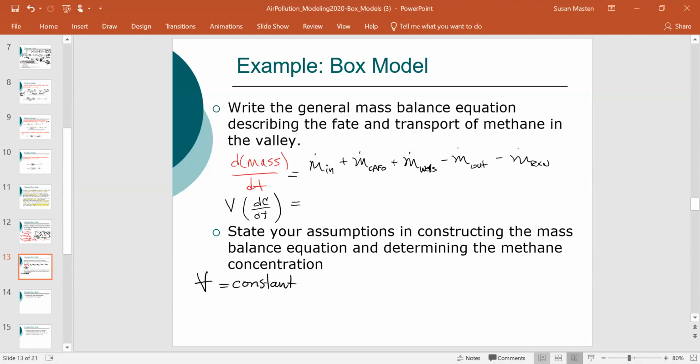And then the mass in is my wind speed times my concentration times my width times my height, plus the mass rate of the CAFO that I calculated, plus the mass rate of the wells, minus u, because we're going to assume the wind speed leaving is the same as the wind speed entering. So I'm just going to write u equals u in equals u out. So the wind speed doesn't change. It's the same in the cell and leaving the cell.